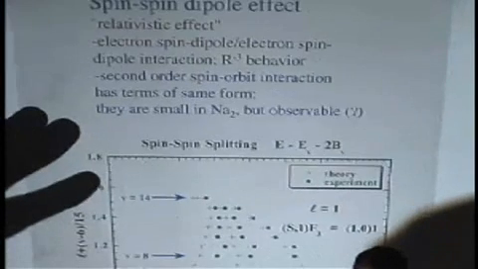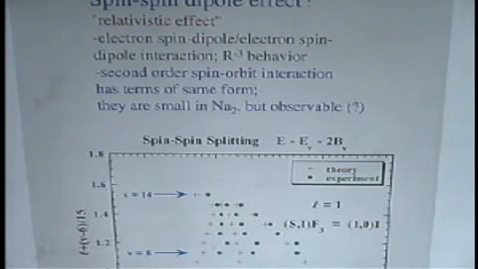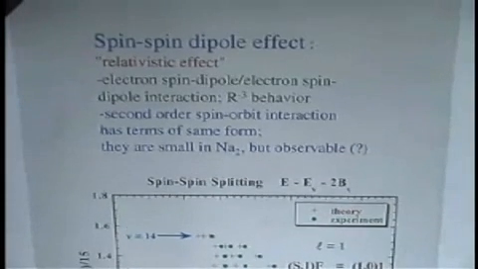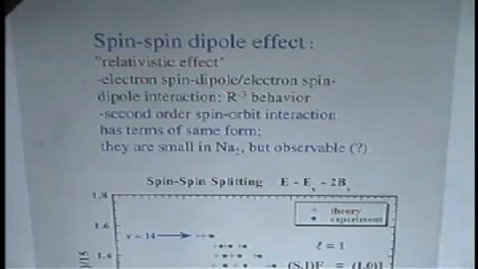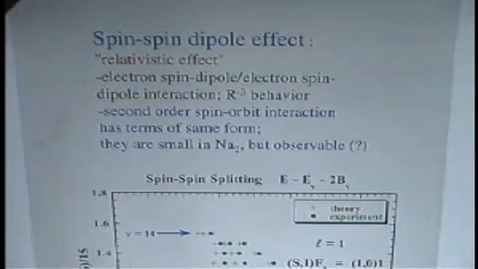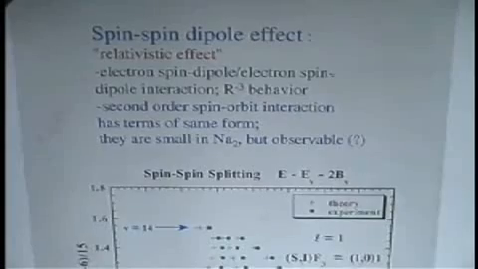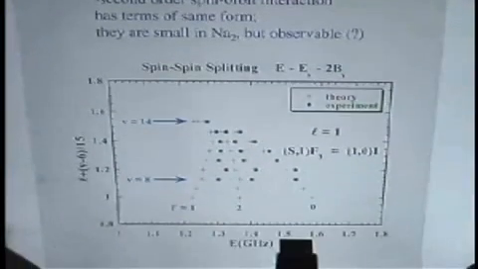And so what we see is the spin-spin dipole effect is essentially you have electron-spin dipole interaction here. And it's essentially a 1 over r cubed dipole-dipole interaction averaged over the vibrational motion. It's a relativistic effect, if you will.